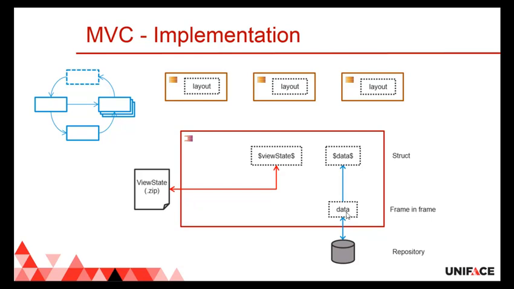In the repository there is a technical format or a storage format. In the struct there is a more logical format. Now, the next step then is to refresh the views, so references to those two struct variables are then passed to all the view components.